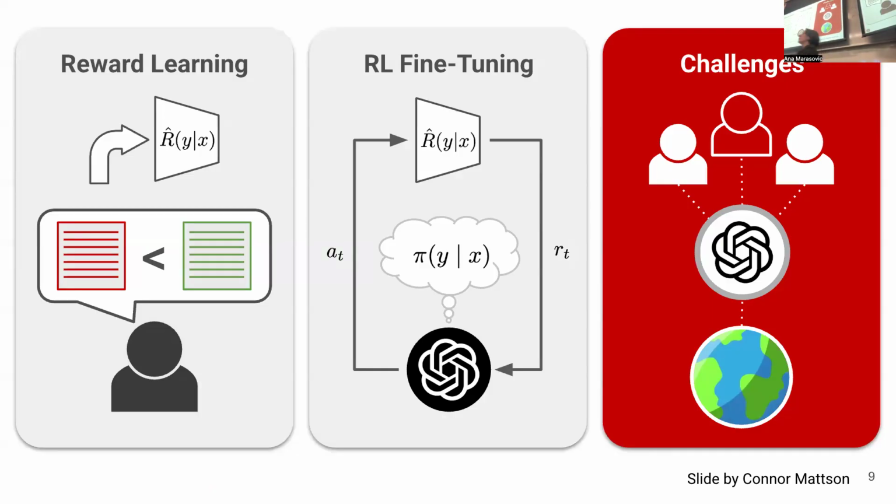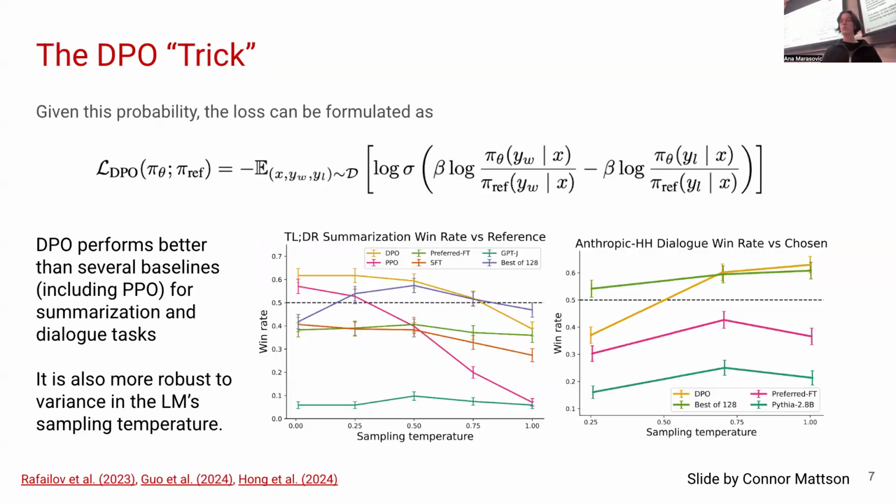Okay, I want to move towards some challenges that we face with alignment today, but I want to make sure that you do not have any questions related to this equation. Yes? Do the preferences have to come from SFT generations, or can we use other existing preferences?